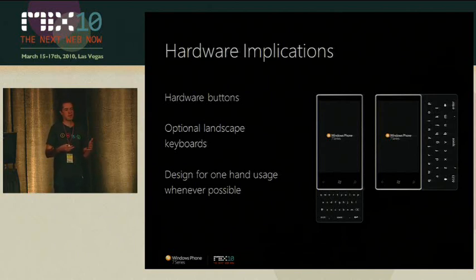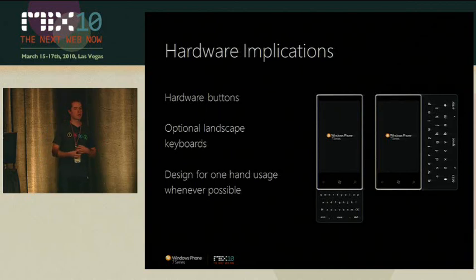It's going to be different because OEMs are going to customize this hardware in different ways, but it's very predictable. There's always 3 buttons: the back button, the start button, and the search button. There are also other buttons like the camera button, the volume button, the power button. There are 2 optional keyboards, so some devices will have an optional vertical keyboard, and some devices will have an optional portrait keyboard.